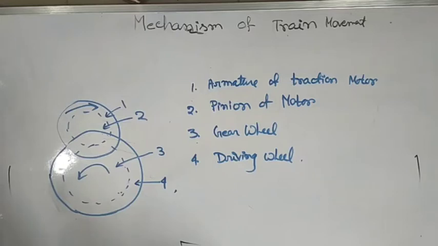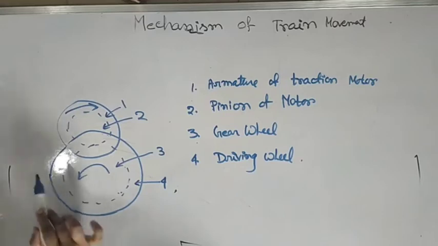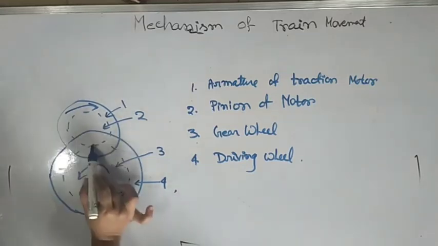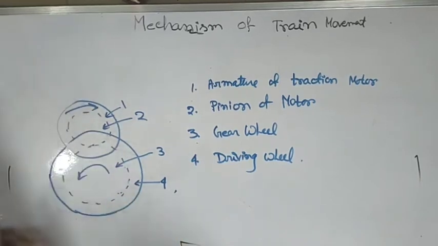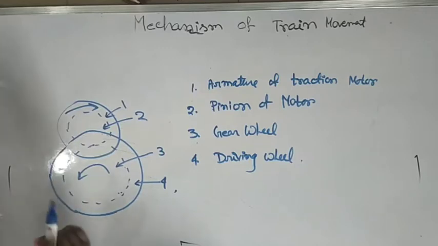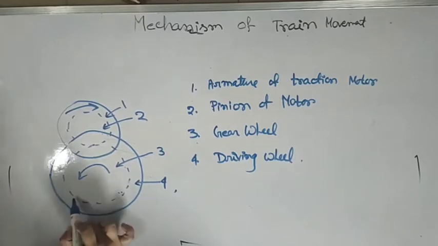The armature of the traction motor has a pinion meshed with gear wheel on driving wheel. Now suppose the traction motor exerts a torque T which will be transmitted to driving wheel through the gear.